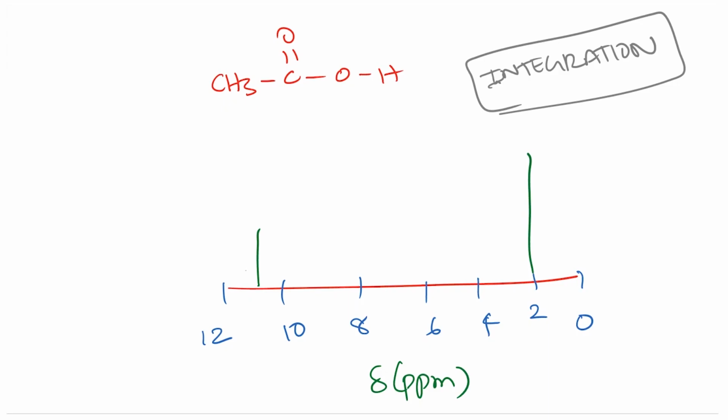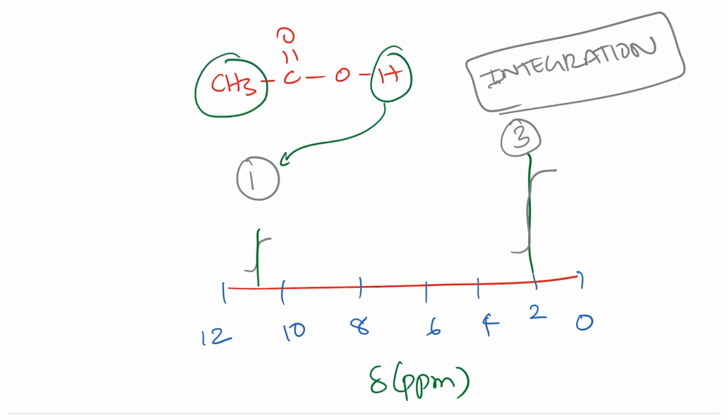Here we are going to look at the height of the peak. When you integrate, we find that it is in the ratio of 1:3. So, from this one can deduce that the OH must be this peak and the methyl must be this peak.